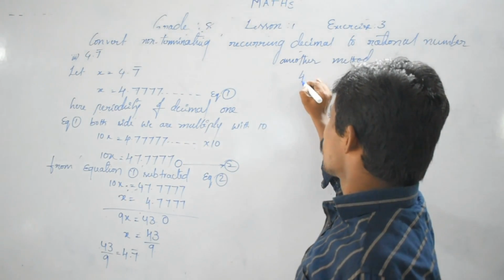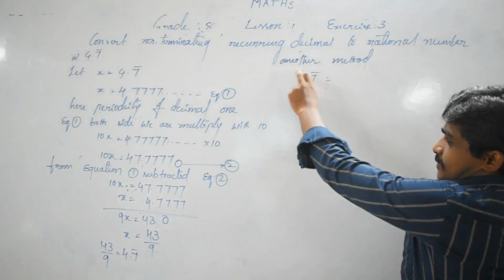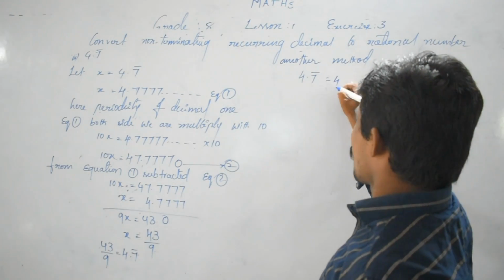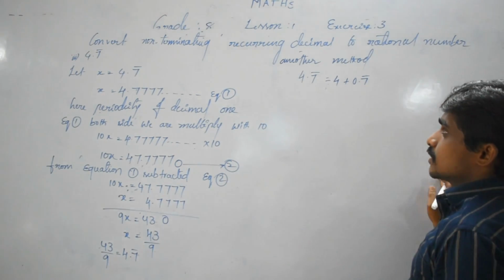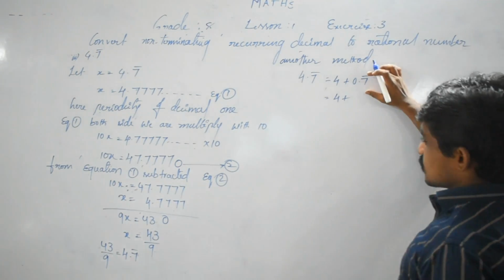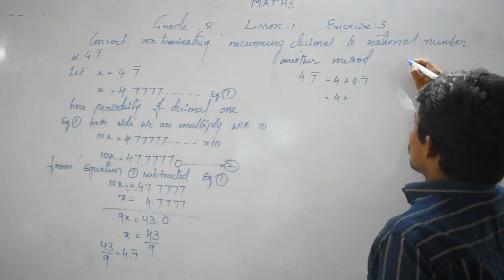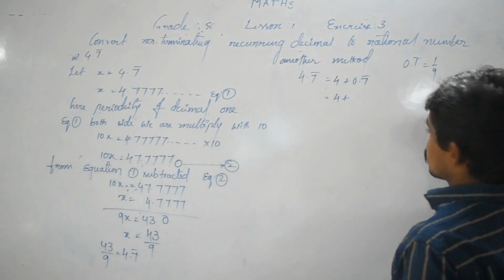For 4.7 bar, how to write this one in expanded form? 4 plus 0.7 bar. Here see, 0.1 bar means 1 by 9. 0.2 bar means 2 by 9.